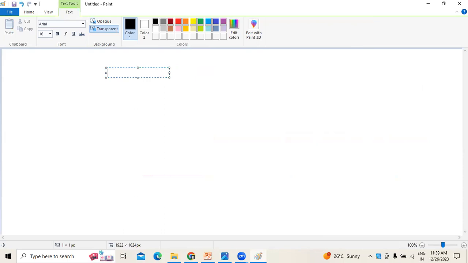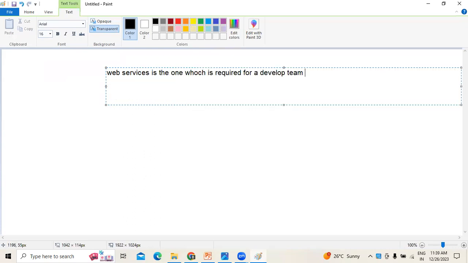Okay. So web services is the one which is required for a development team to make use of in different applications, in spite of developing a business logic for each application.